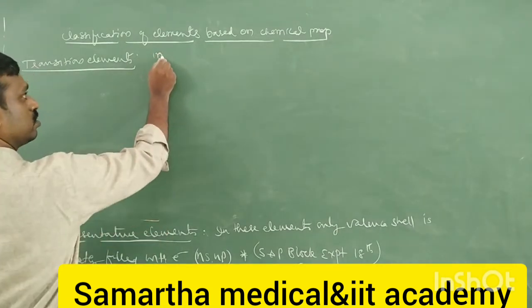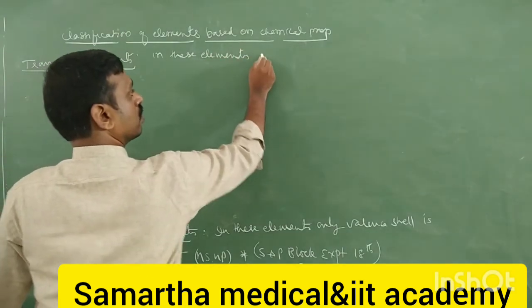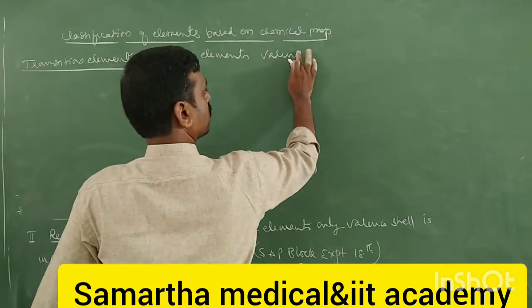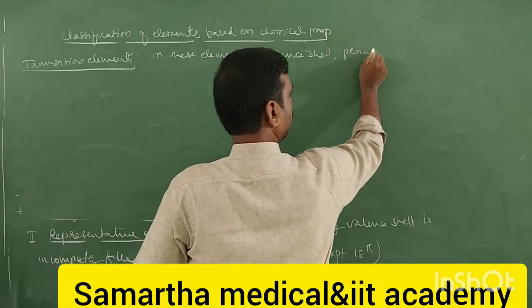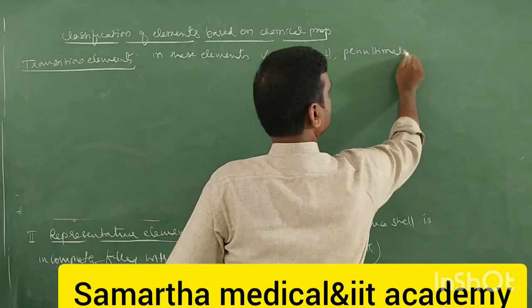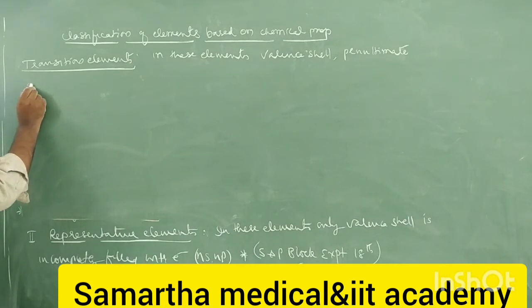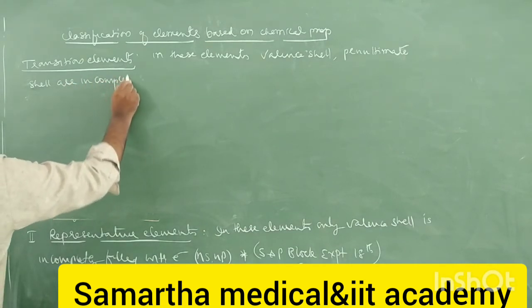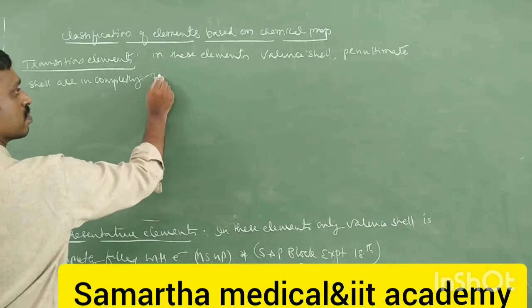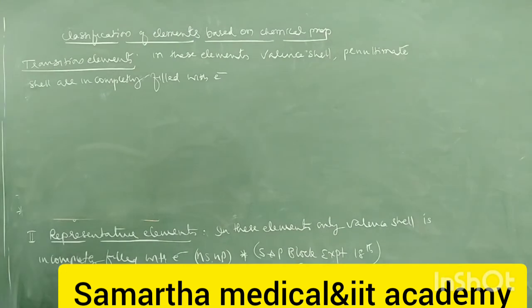Therefore, in these elements, valence shell and penultimate shell are incompletely filled with electrons.